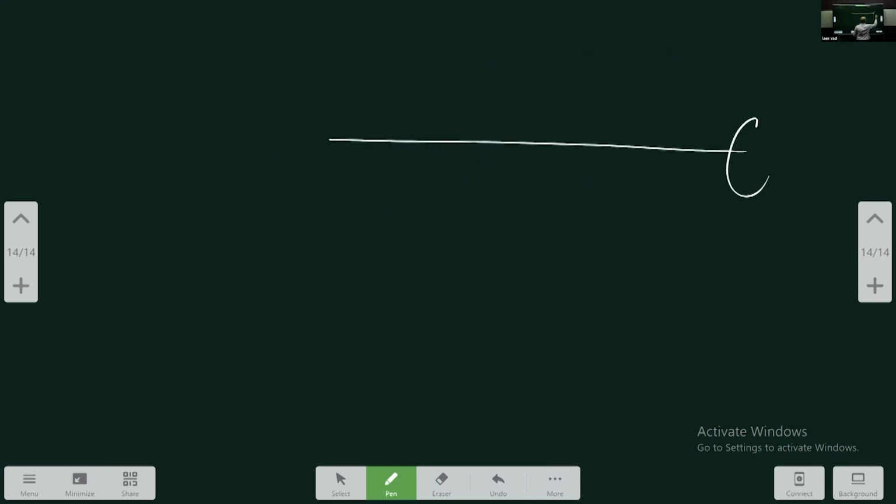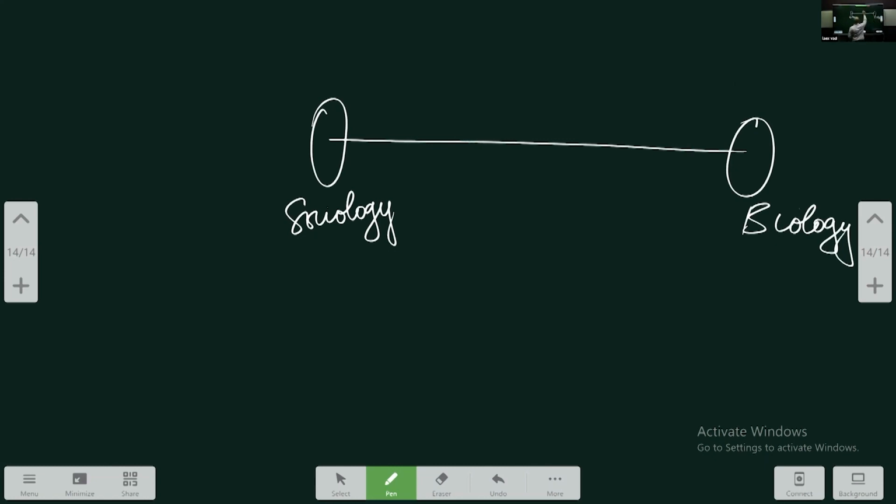Show this is, for example, sociology. This is biology. This is anthropology. That is, it is a part of socio as well as biological sciences. Clear?